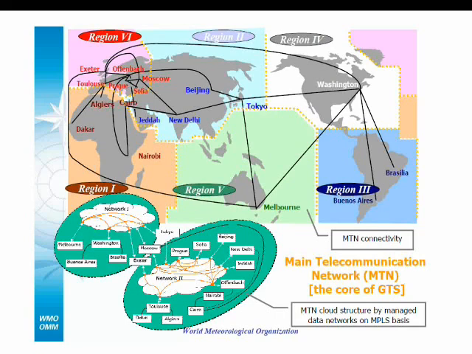There are 18 MTN centers and 24 connectivity. It's a core network. And 2 closed networks cover that connectivity based on MPLS technology, multi-protocol label switching. It's a modernized network technology.